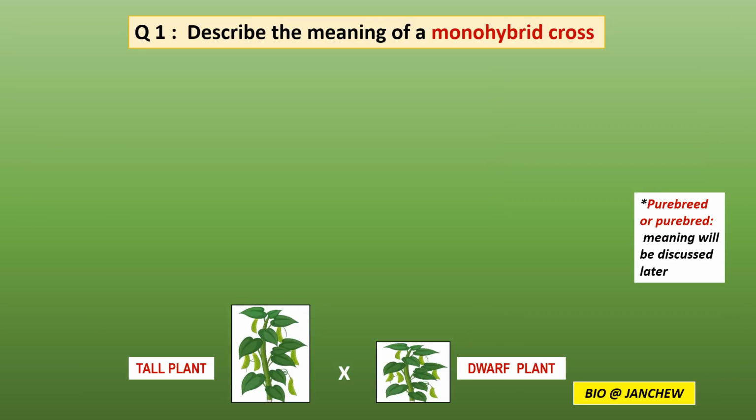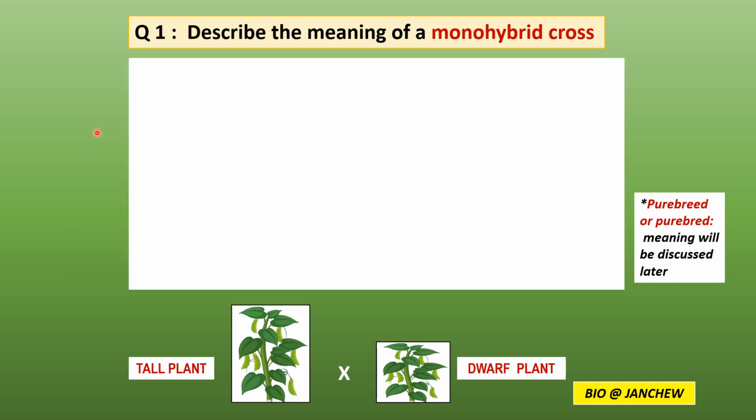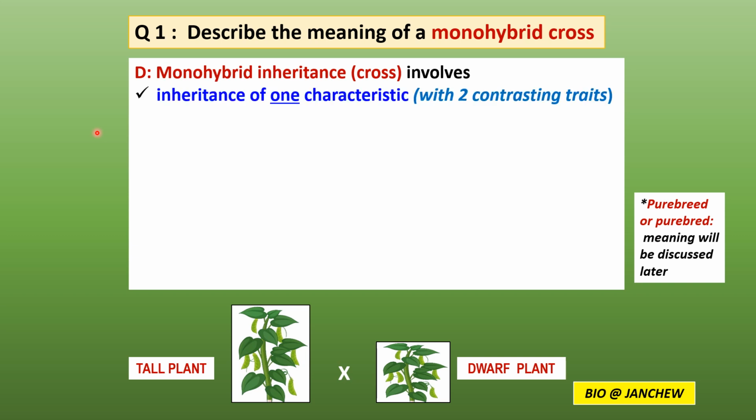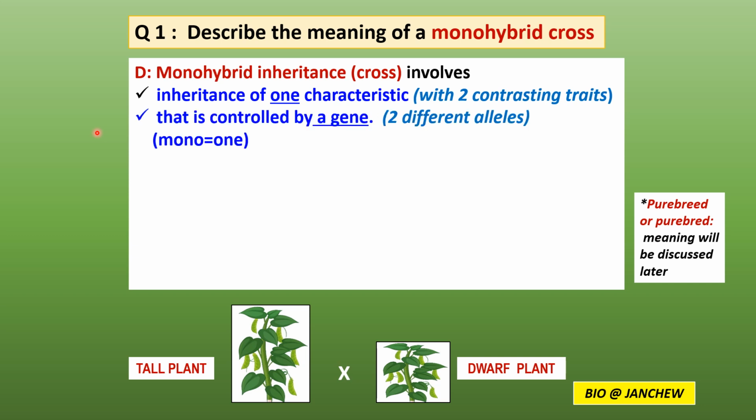Now, for the first learning standard, we are asked to describe the meaning of a monohybrid cross. So monohybrid inheritance or monohybrid cross involves the inheritance of only one characteristic that is controlled by a gene. Mono means one.